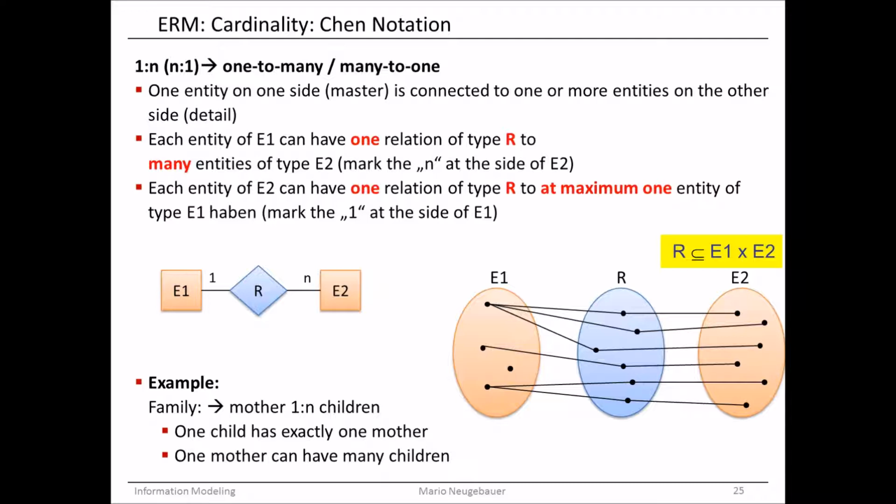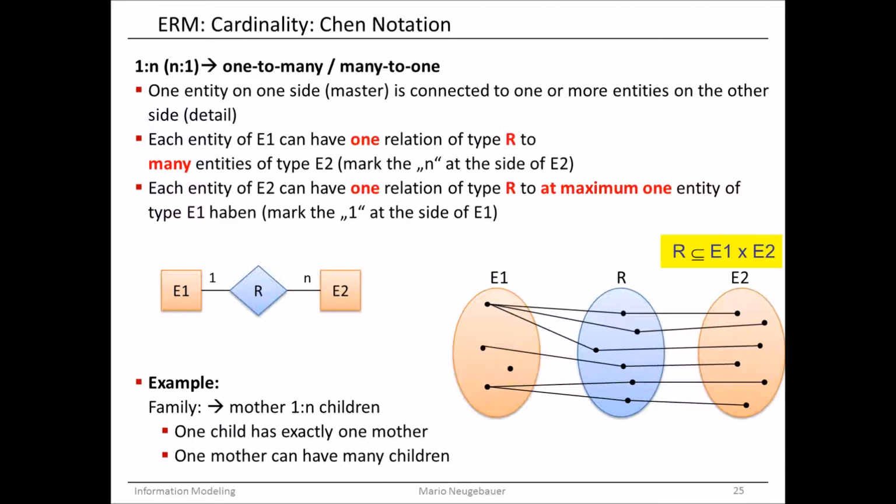Let's look at an example in reality. For example, a family. A mother can have many children, and a child has only one mother. That's exactly the situation we can describe with a 1 to n or n to 1 relationship.